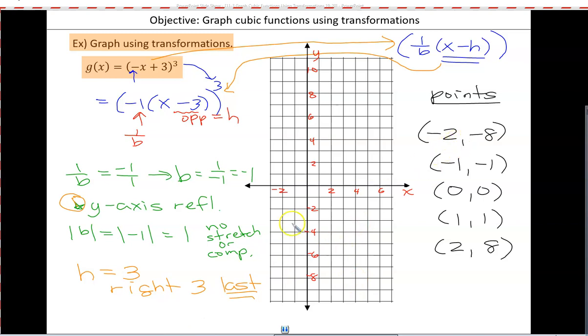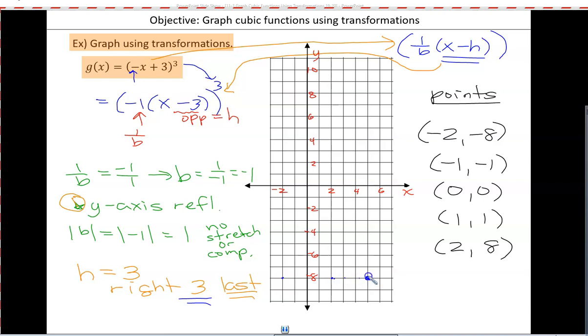So negative 2, negative 8 starts right here. Have to do that y-axis reflection first. So it's going to flip from the left side to the right side. So it's moving to positive 2. And then it's going to translate 3 units to the right. So from here we count 3 more units to the right: 1, 2, 3.